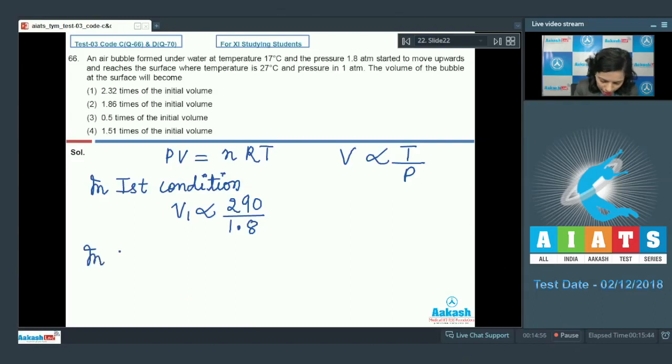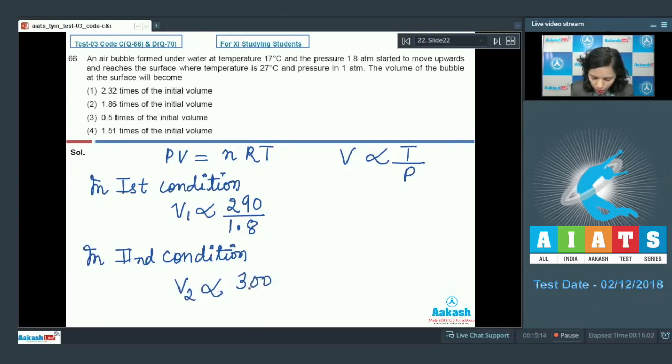Similarly, in the next condition, when the bubble is at the surface of water, V2 is directly proportional to 300, that's the temperature, divided by the pressure, that is 1 atmospheric pressure or 1 atm.